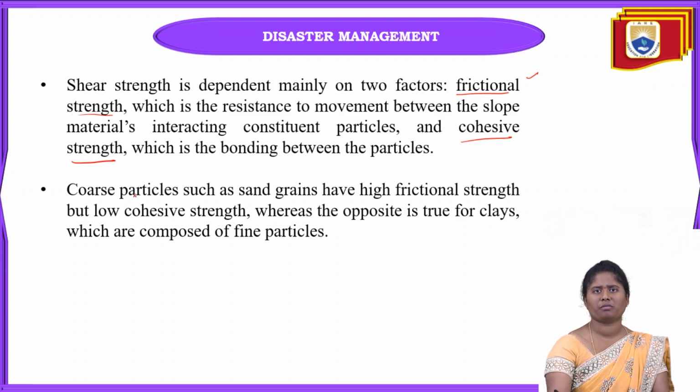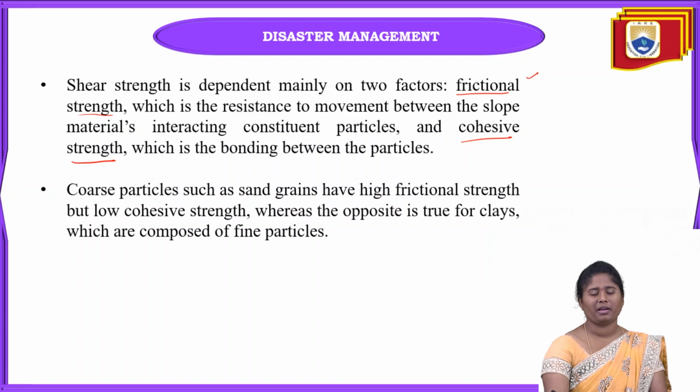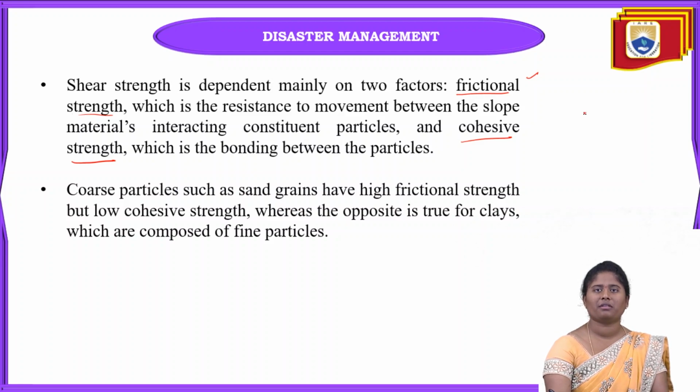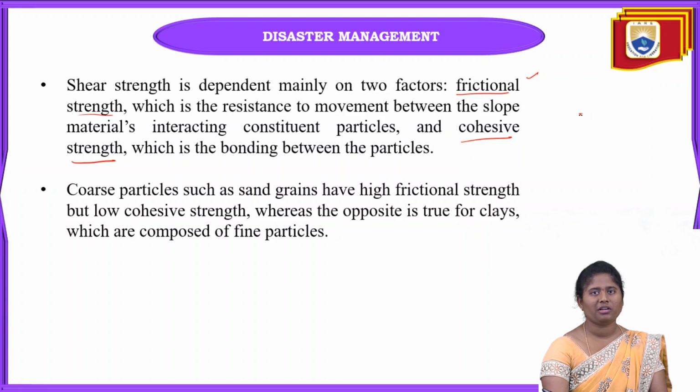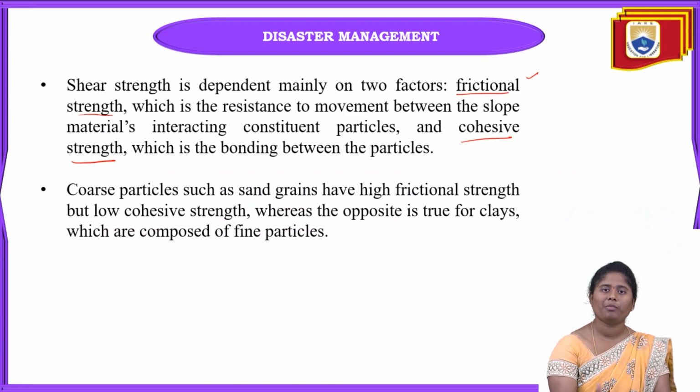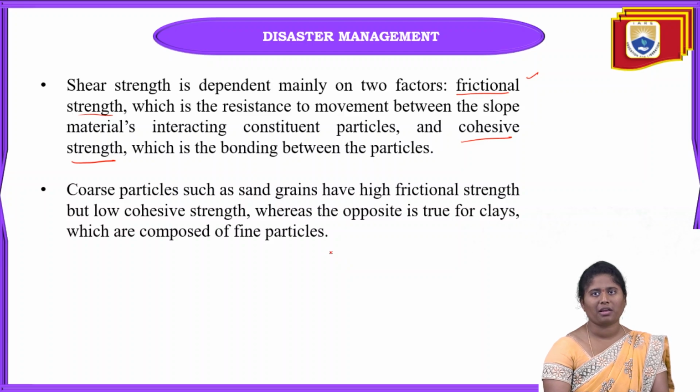Coming to the next one, coarse particles such as sand grains have high frictional strength, and due to this, automatically there will be low cohesive strength. The opposite is true for clay, which is composed of fine particles.